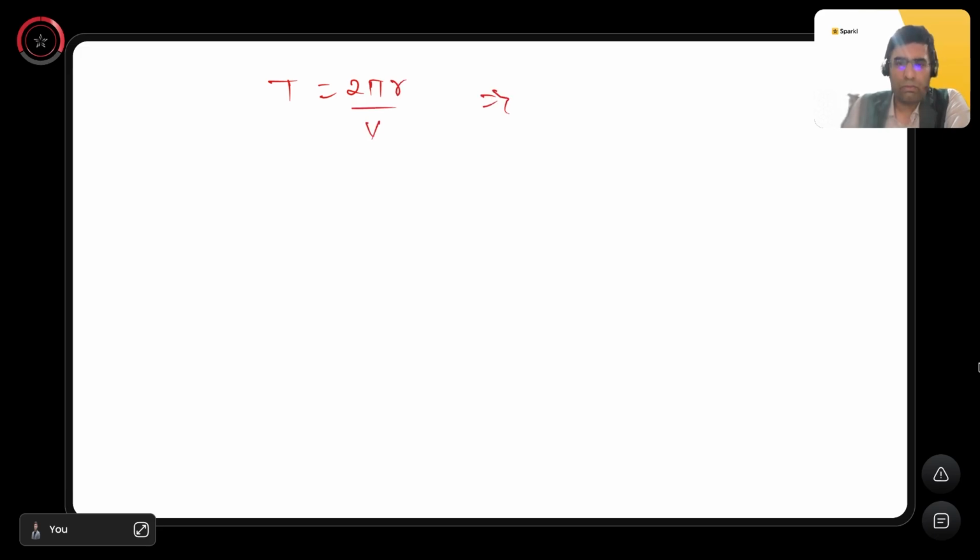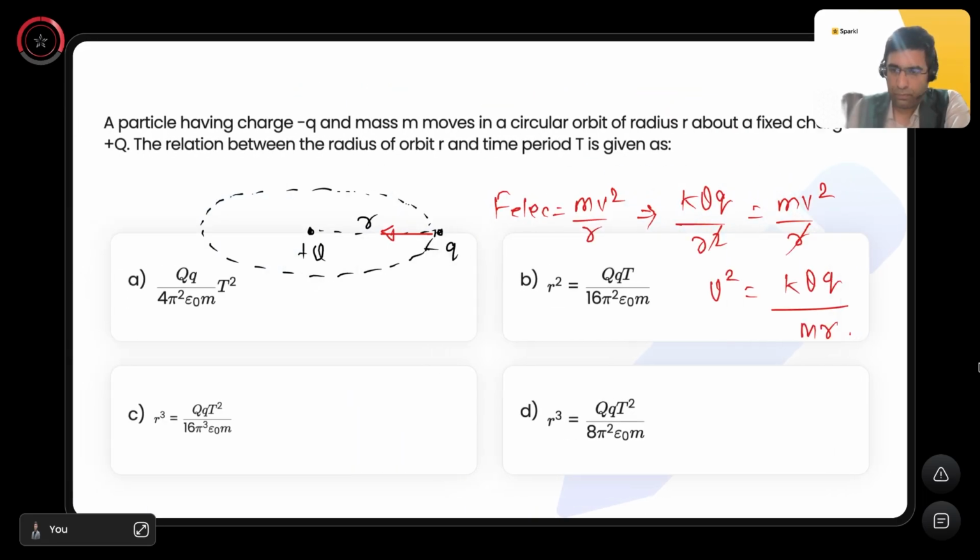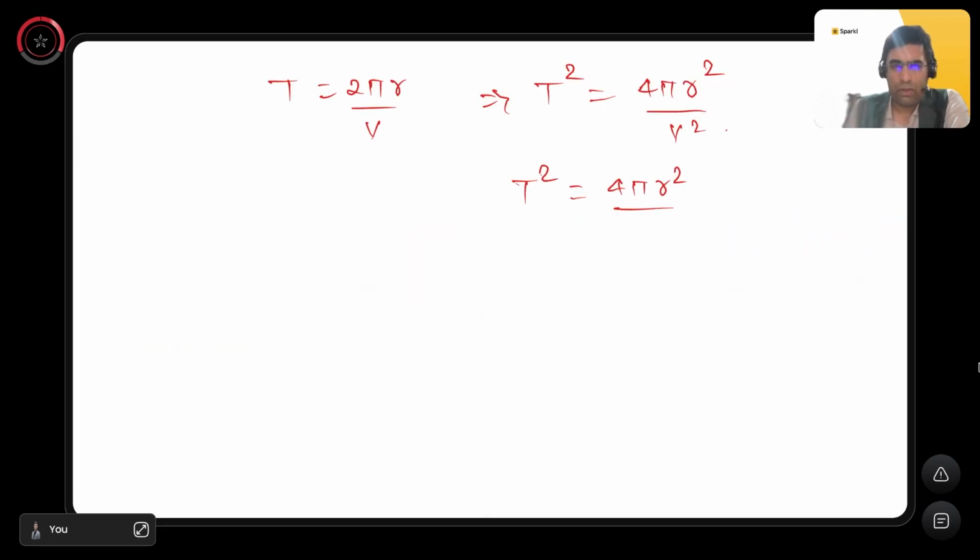Let's square it: T square is equal to 4 pi square r square upon v square. Let's put the value of v square over here. So T square will become 4 pi square r square upon K capital Q small q upon mr, which will become 4 pi square r cube m upon K capital Q small q. And K you can also write as 1 by 4 pi epsilon naught.